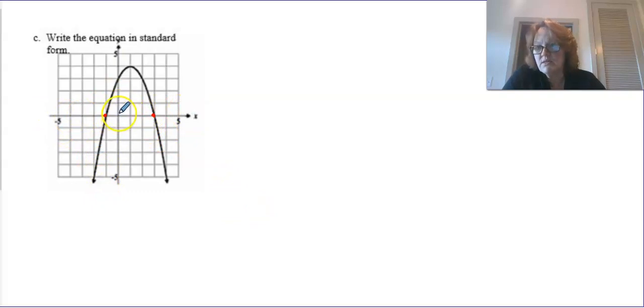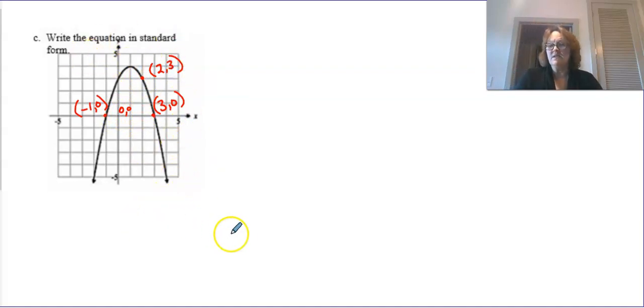If this here is (0, 0), then this would be (0, -1), and I said that backwards, (-1, 0), and then this would be, let's see, 1, 2, 3, (3, 0). Okay, I also have a point right here that I can identify, and that is at (2, 3).